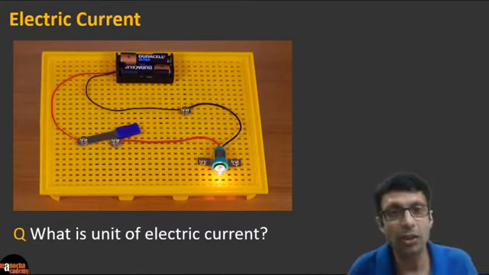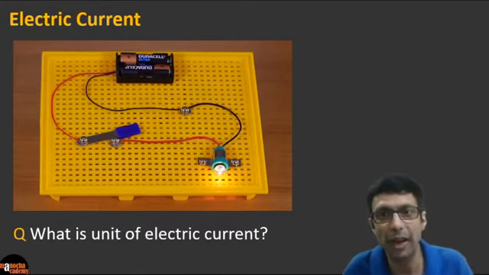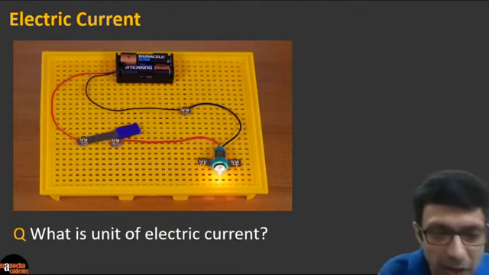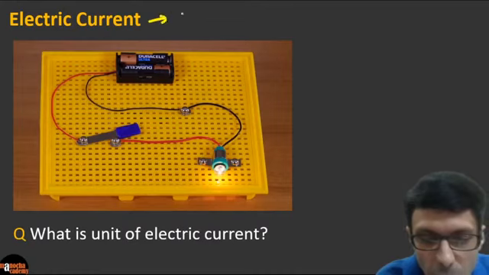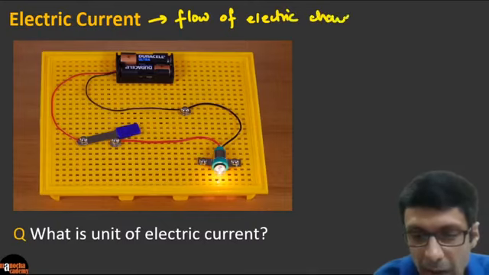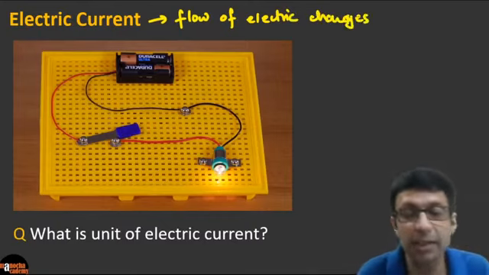And so we can talk about this movement of electric charges. That is known as electric current. So what is electric current? We can define it as the flow of electric charges. And here we know the electric charge that is moving is electrons.